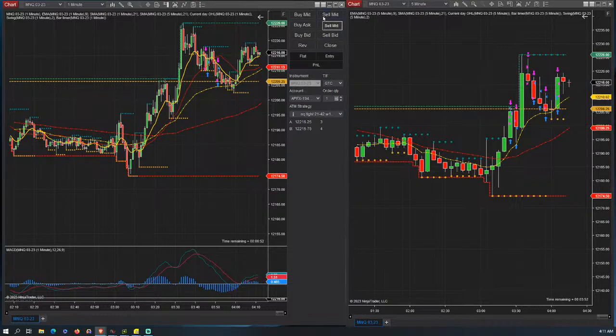What does this price want to do right now? It looks like it wants to chop around, and that's exactly what it's doing.